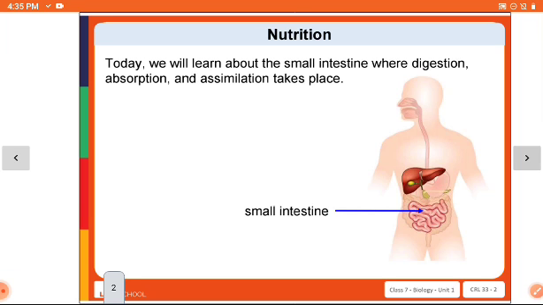Today we will learn about the small intestine, where digestion, absorption and elimination take place. In this process, how food is absorbed and assimilated.